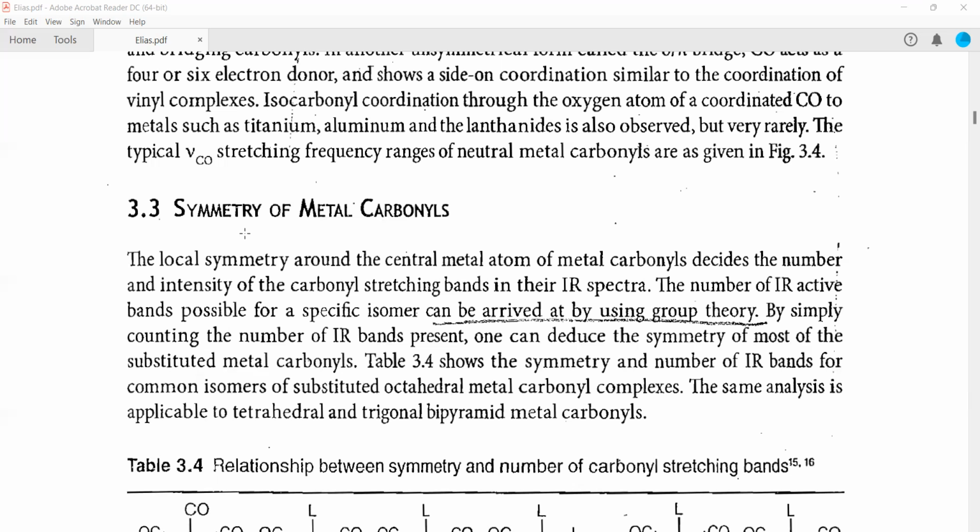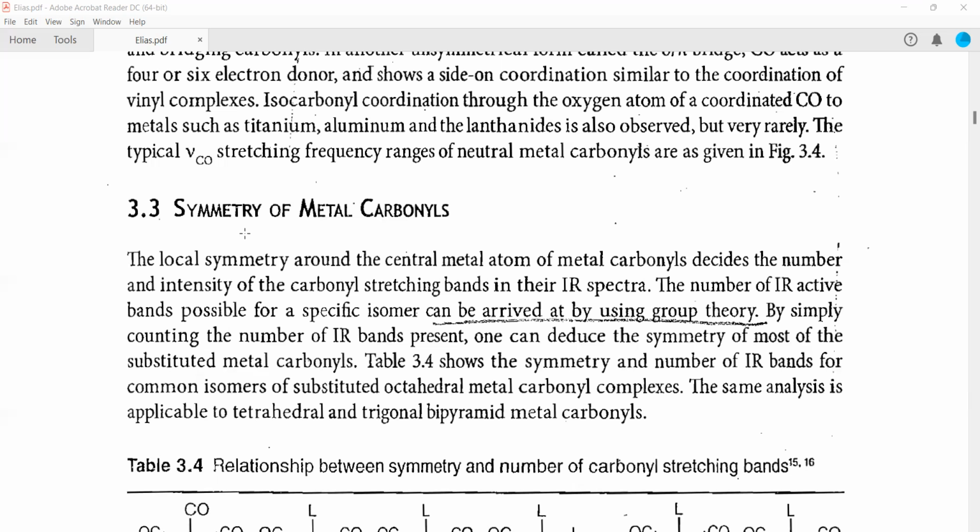Then you have three different carbonyl environments. The number of different peaks for carbonyl depends upon the symmetry of the metal complex. Based on these symmetries, you can easily know how many carbonyl peaks you get in IR and vice versa. From the carbonyl peaks, you can elucidate some structure of the metal complex as well.